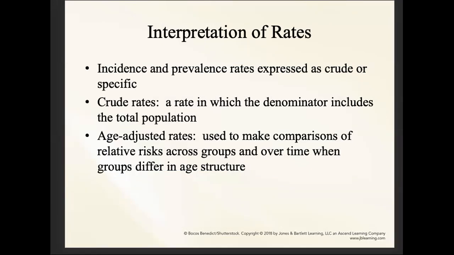So for example, an appropriate age-adjusted rate would be the mortality rate of motor vehicle accidents in people aged 20 to 30. You would only use the population of age 20 to 30 as your total population, and the number of people who died in a motor vehicle accident over a specific period of time over that total population just of 20 to 30-year-old people.